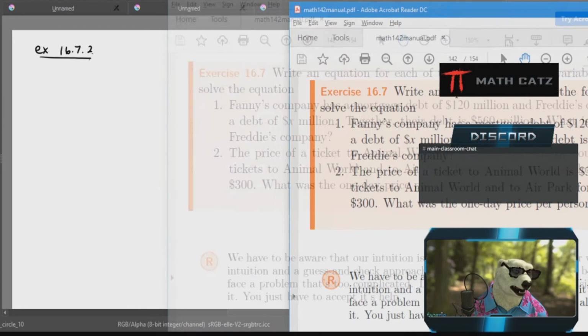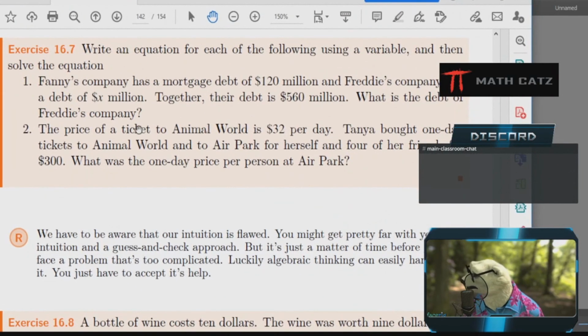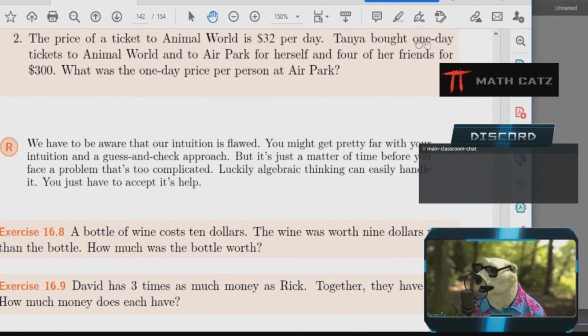Let me check. Define a variable for me. They give me information. There is no variable defined for me. Okay, so I definitely have to do step 1. Now, they ask, what was the one-day price per person at Air Park? Well, they tell me the price to Animal World, right?